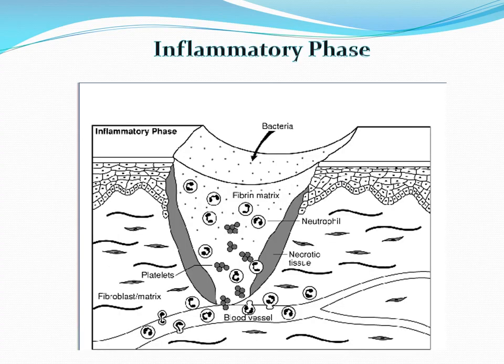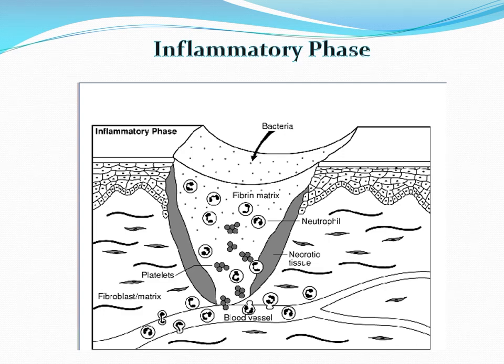The first chapter of the story of wound healing is the inflammatory phase, as we said, and this starts from the beginning of the injury and continues up to the first week after injury. The example of wound healing here is the skin in this lecture.